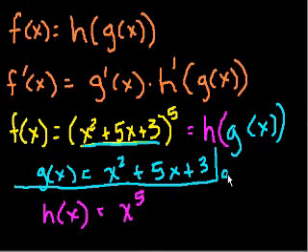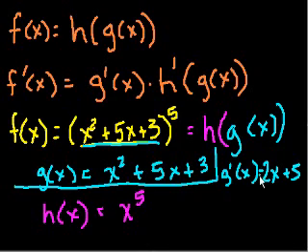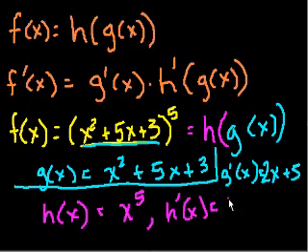So g prime of x is equal to 2x plus 5, right? 2x plus 5, and then the derivative of 3 is just 0, right? And what's the derivative of h of x? H prime of x is equal to 5x to the 4th, right?